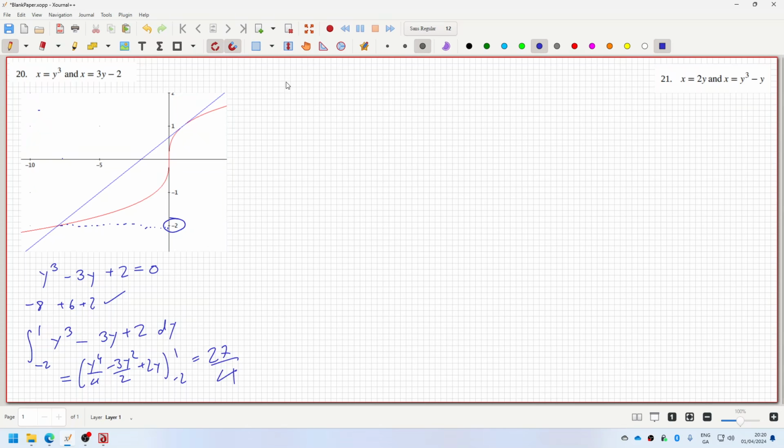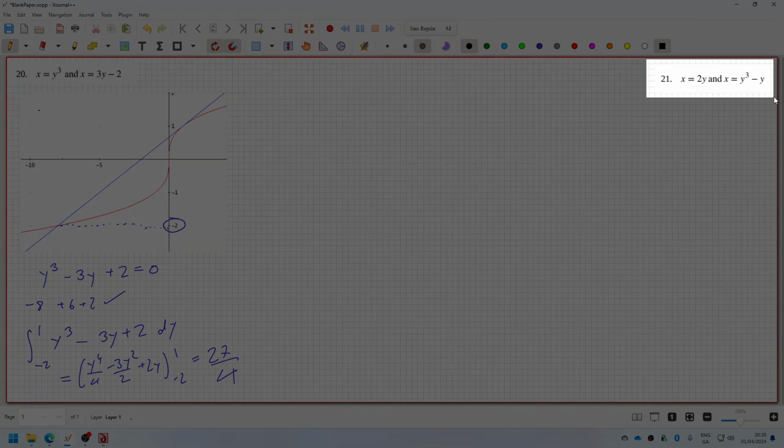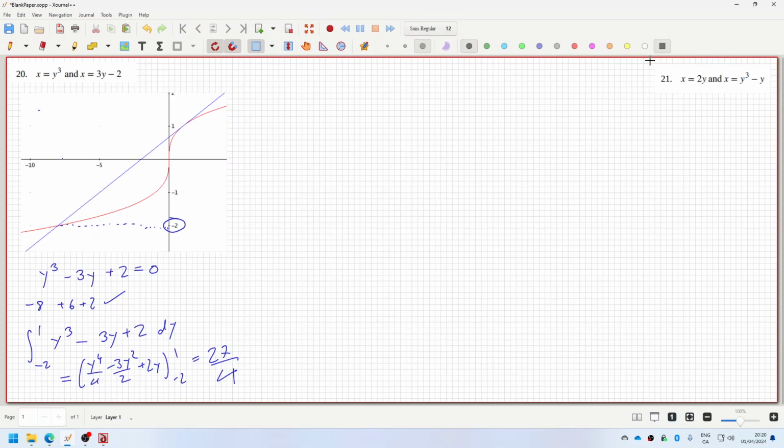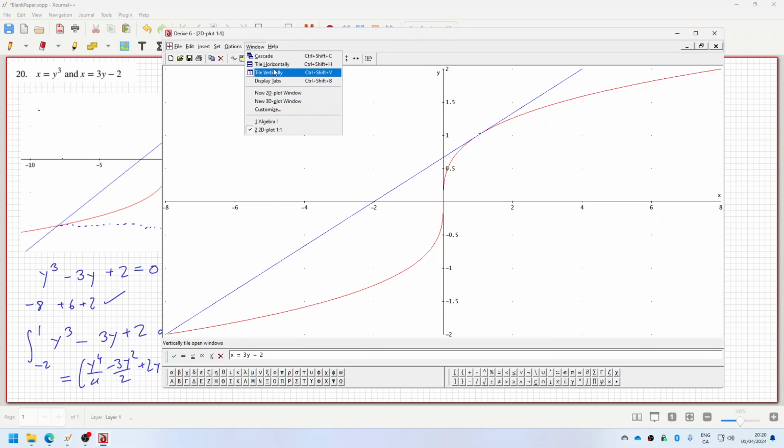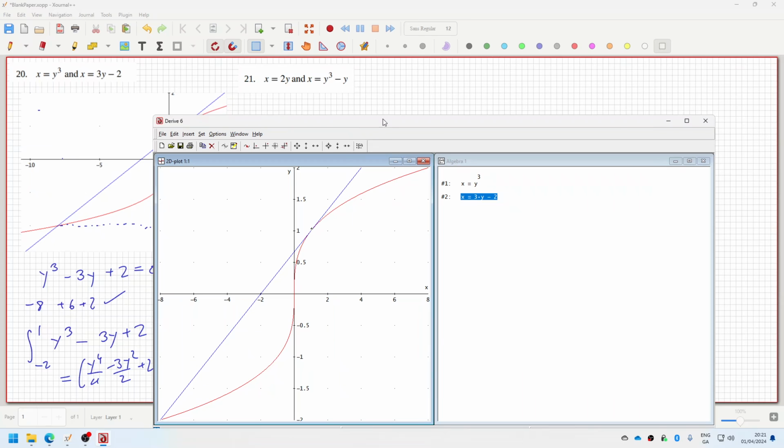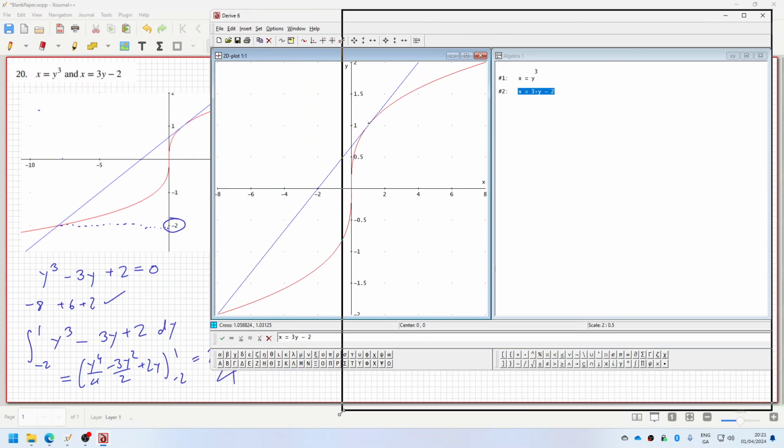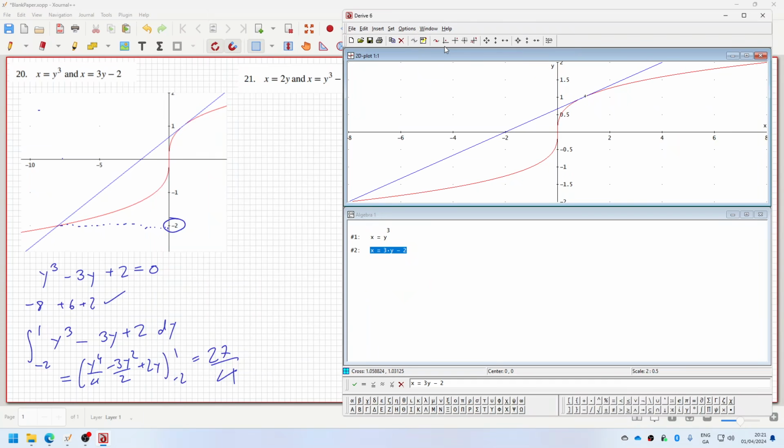Yeah, okay. And then, well, actually, maybe I could fit 3 in. Looks very similar. x equals 2y. x equals y cubed minus y.